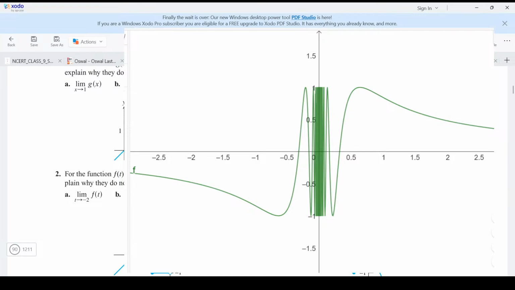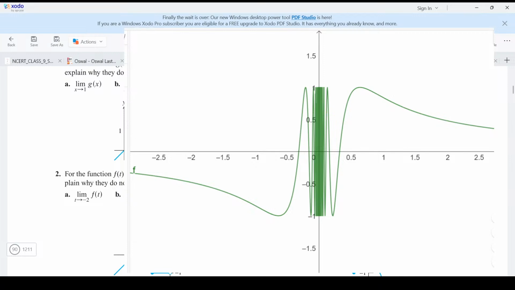Agreed? If you are approaching 2.9, I will put it in the reverse only. You can approach it like this, right? 2.9, 2.8, 2.7, 2.3, 2.1. Now tell me what is the value at 2.9? 0.9? Why 0.9? Just see.